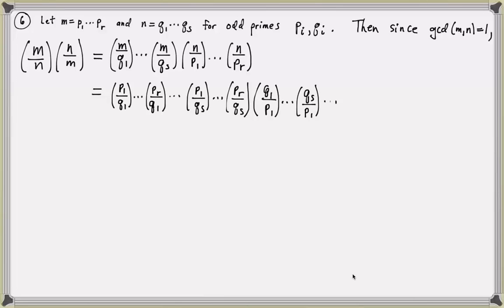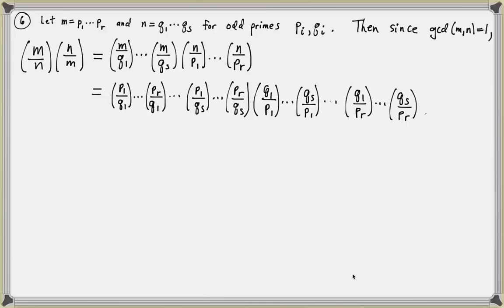I'm going to do this for each one until I get up to n over pr, which will be q1 over pr times up to qs over pr. Okay, so now we have the product of all the Legendre symbols with all the possible p's over all the possible q's and all the possible q's over all the possible p's.